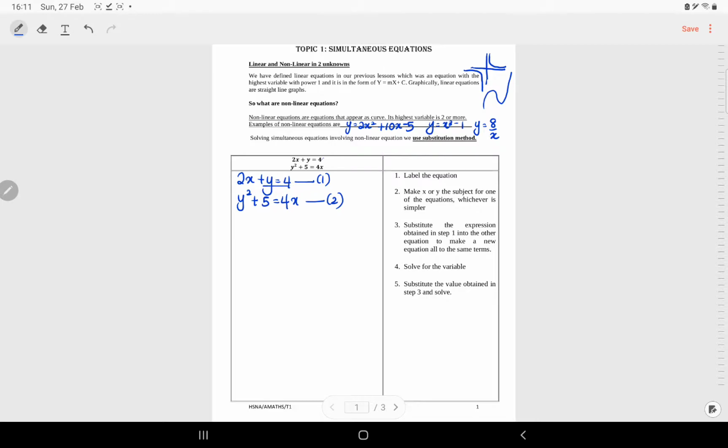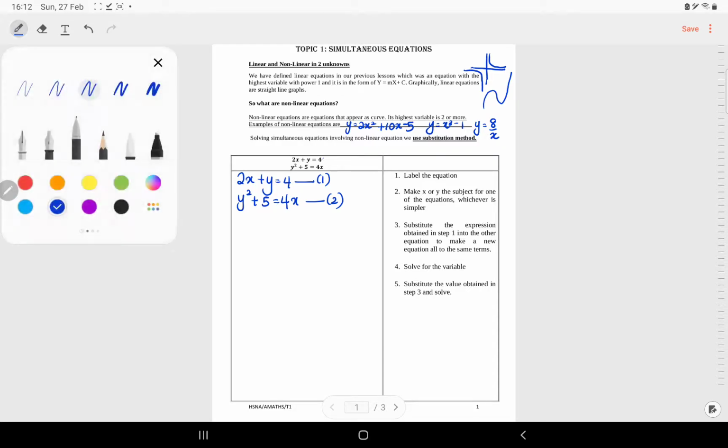In that way, I will get y equals 4 minus 2x. No fraction. So either one works. You can make x the subject here, or y the subject there, but I would suggest avoiding fractions where possible.